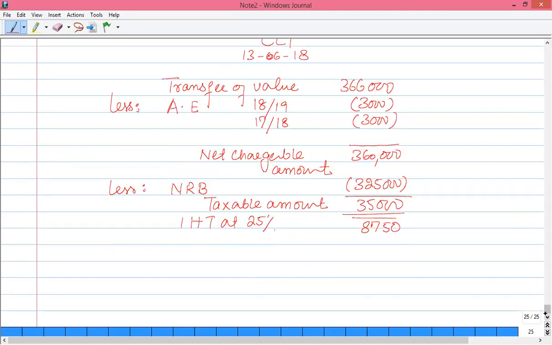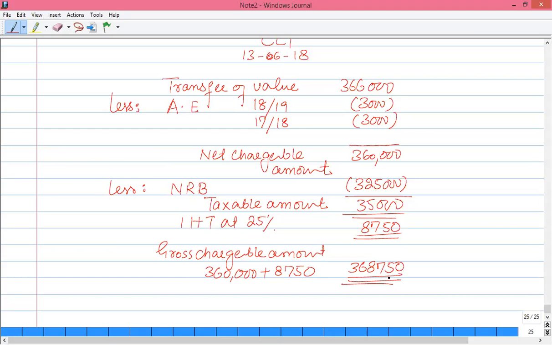So IHT payable is 8,750, and the gross chargeable amount becomes the net chargeable amount plus IHT payable, which totals 368,750. We have to use this gross chargeable amount at the time of death of the donor.